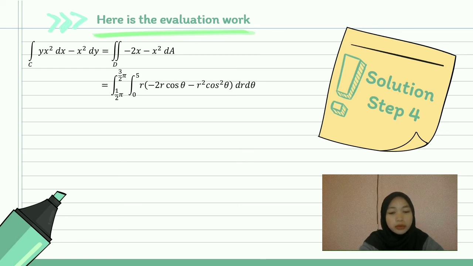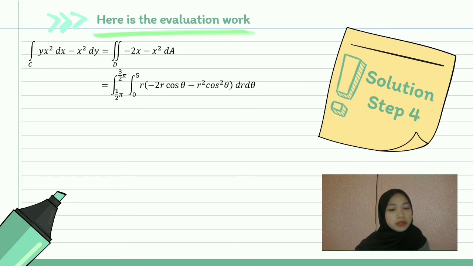Don't forget that we have the r from converting dA to polar coordinates. Make sure you recall the trigonometric identities, where we replace x with r cos theta.